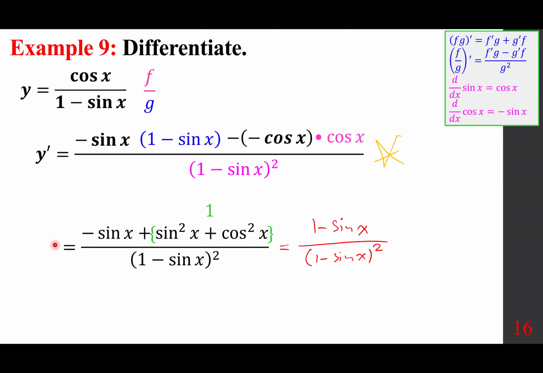So you can take this one out and take one of the exponents out, and the final answer, y prime, is 1 over 1 minus sine x. So I hope you see the importance of prior knowledge of mathematics, trigonometry, geometry, and so on.